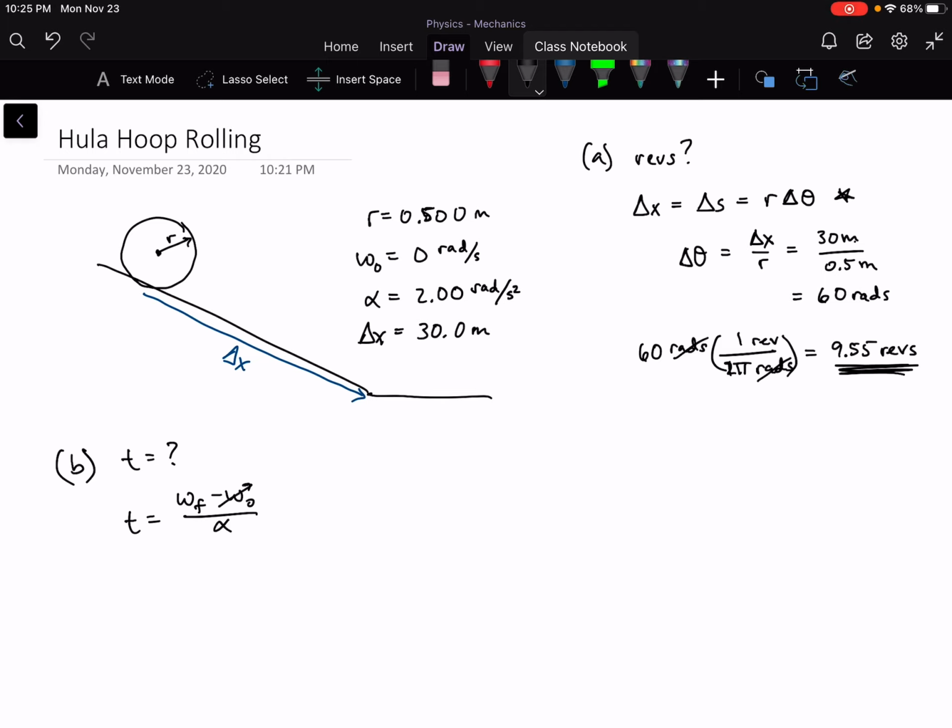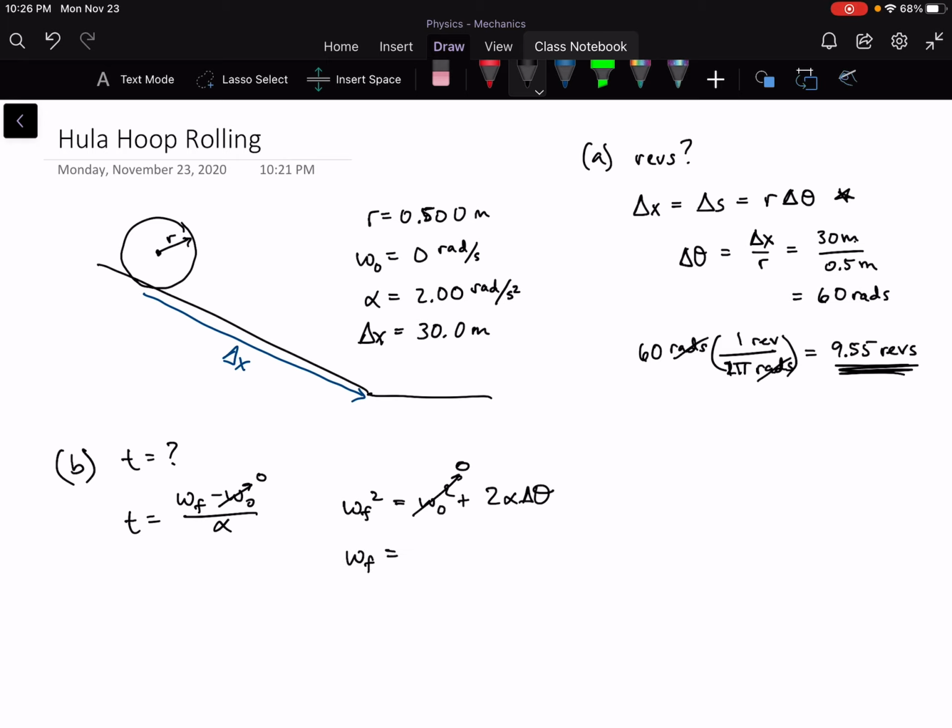We know this, that's 0. We don't know the final angular velocity, but we do know the angular acceleration. So we just need to go find the final angular velocity of the hula hoop. We have another equation of motion, which will tell us what that is, which is this one. We know all of the quantities in this. This is 0.